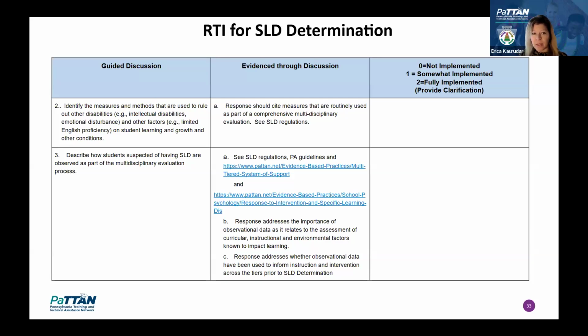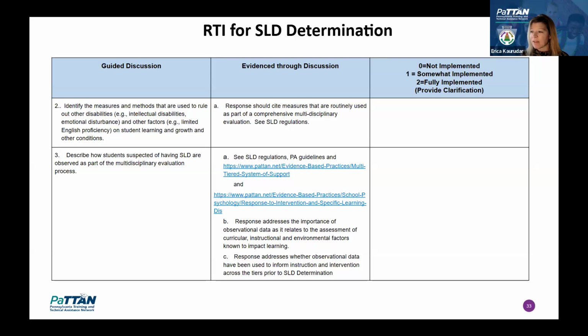As we move on, when we think about the third item, our team wants to consider the observation process for students suspected of having an SLD as part of the multidisciplinary evaluation process. So here is where LEA teams can consider their observation processes for students who are suspected of having an SLD. Please note students must be observed in the area where they are experiencing difficulty.